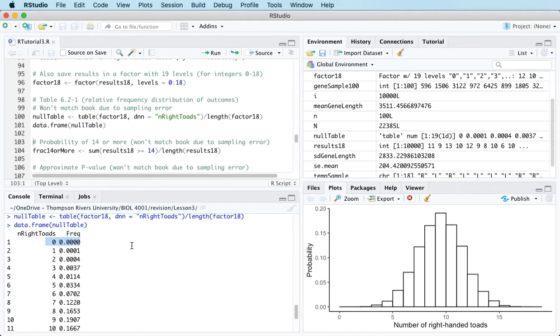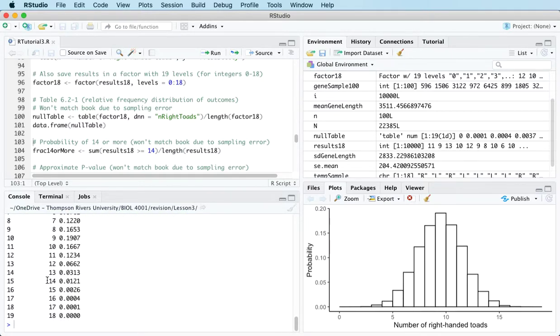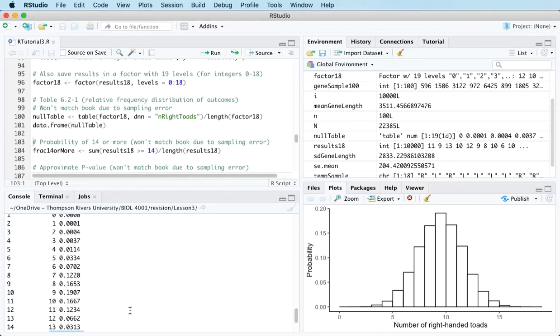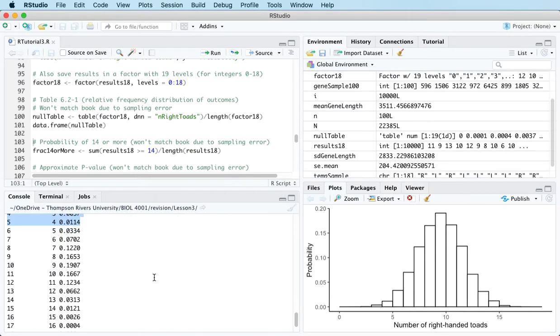So our p-value is going to be, if we add up these probabilities and then these probabilities and add them together, that will give us our p-value.